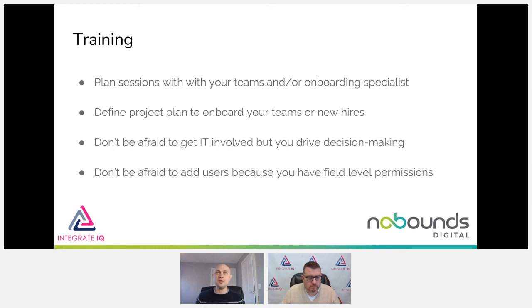But what's also key here is just to make sure that we're bringing in stakeholders, training as many people as we can. A point, Todd, that you've made is don't be afraid to get IT involved. Don't be afraid to add users to HubSpot. We can equip them and enable them with whatever their defined role might be as part of a training plan.